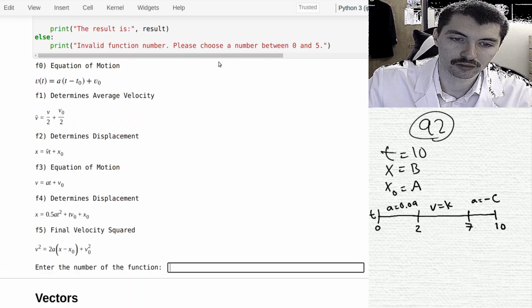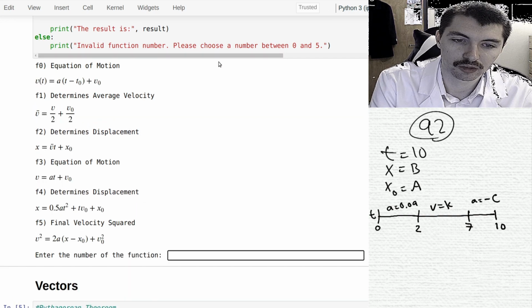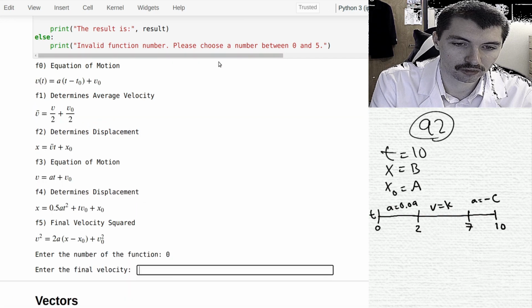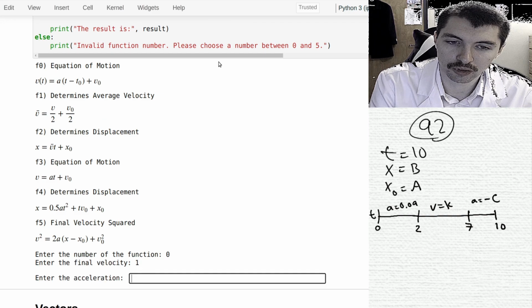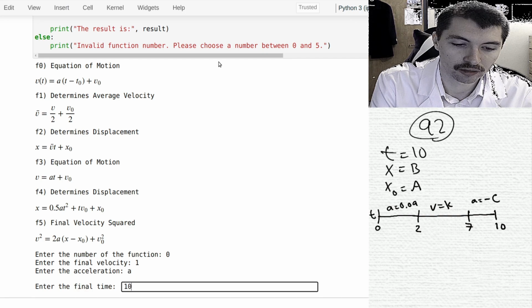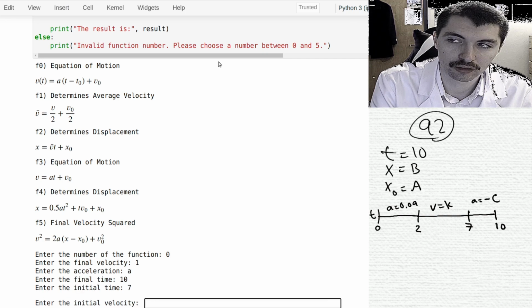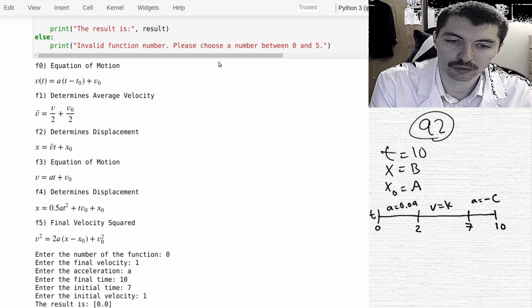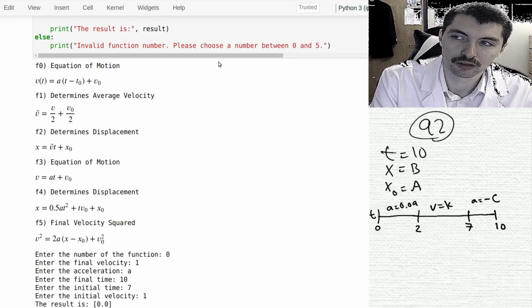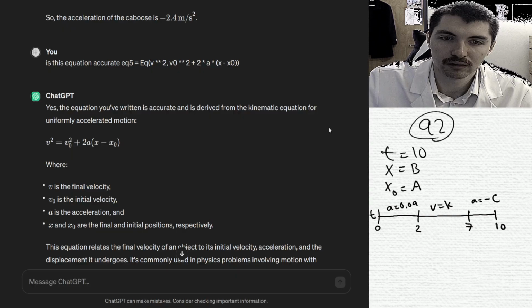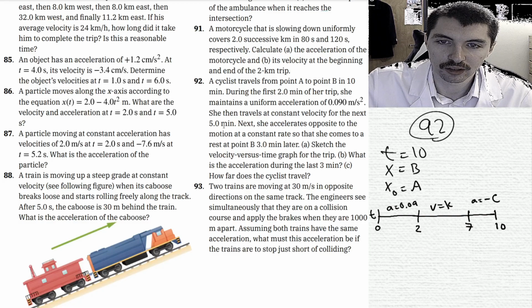No. So solving for A, so 0, 1, A, 10, 7, velocity. Let's get a second opinion.